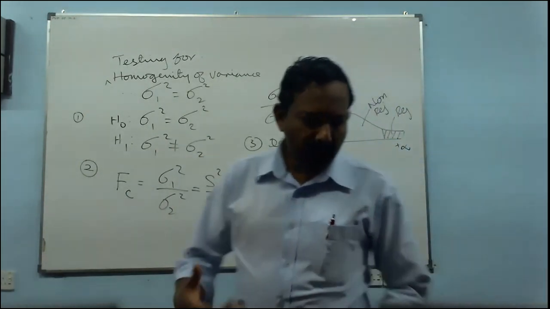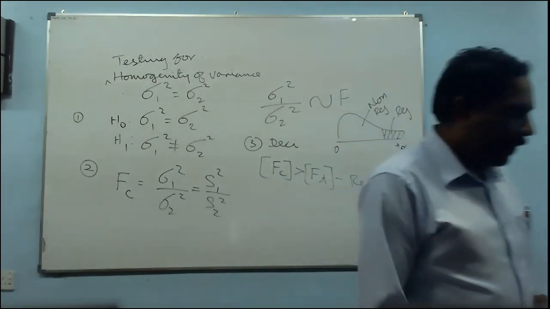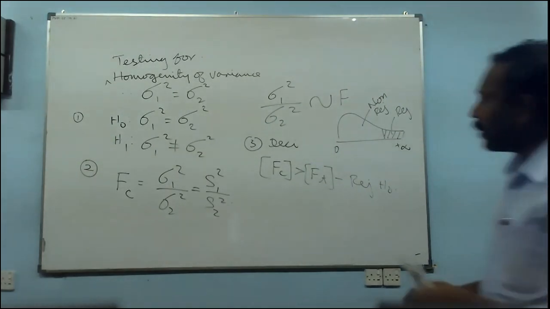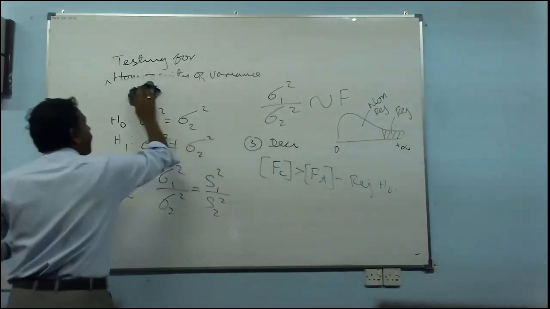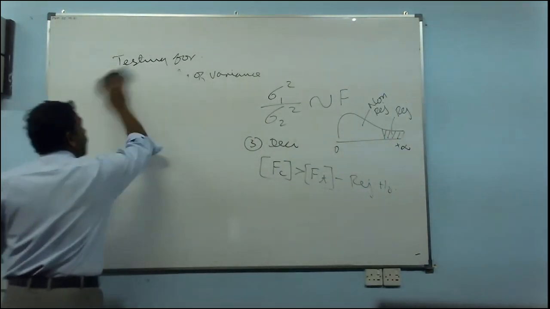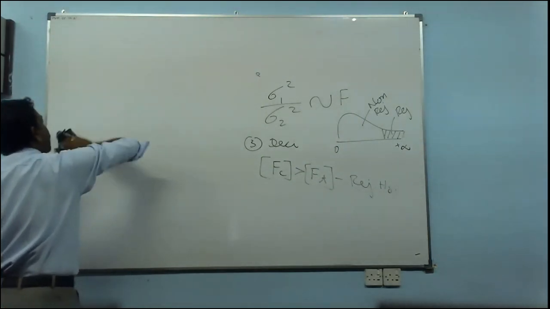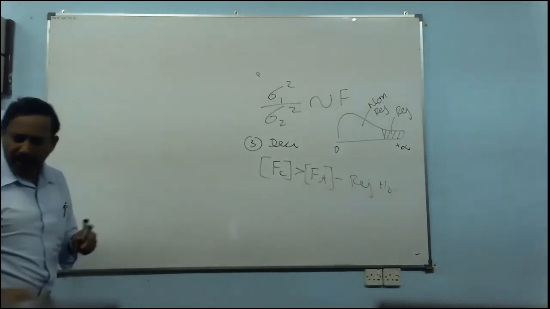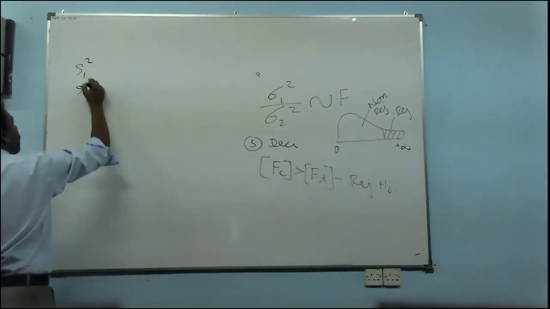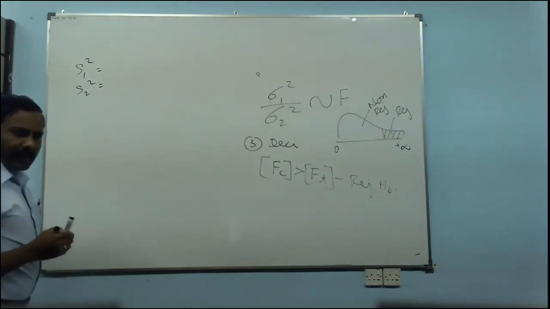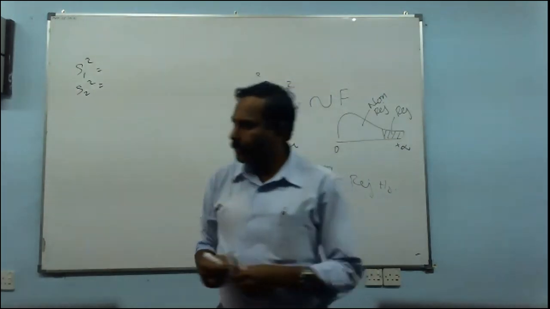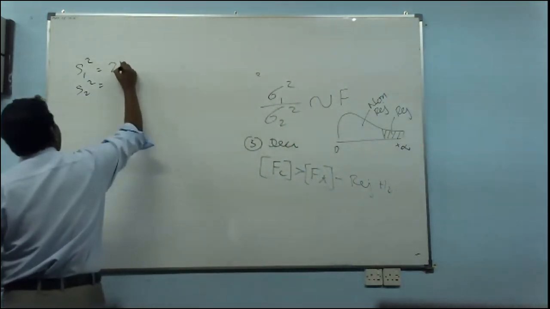Can you recall in a pooled t-test the variance of these two? What is the variance of first sample and second sample? 21.56.